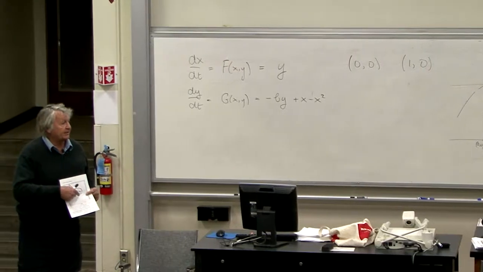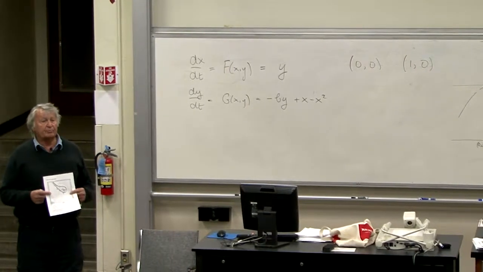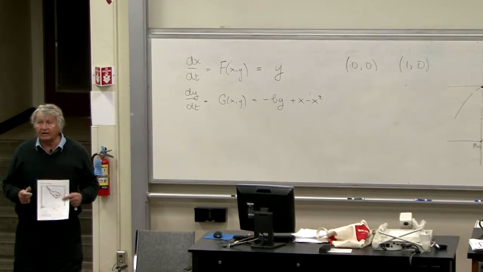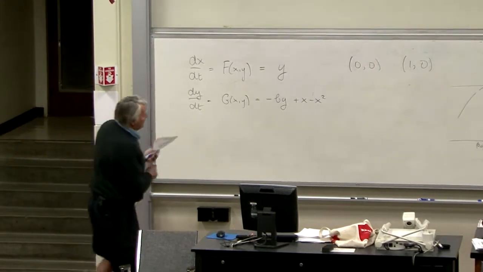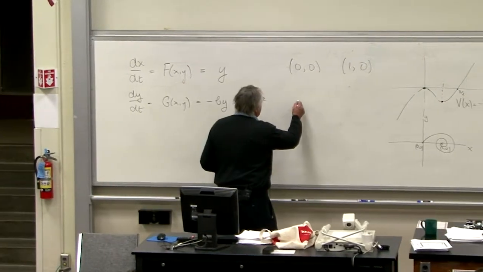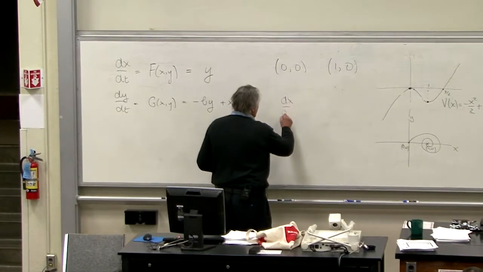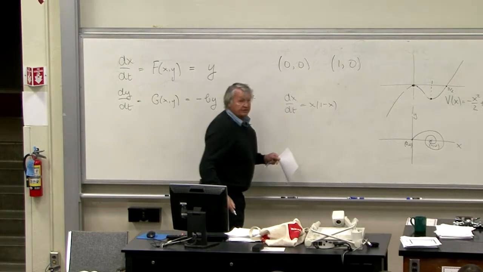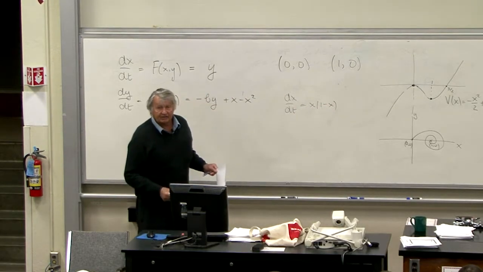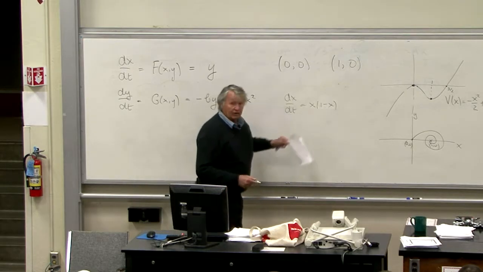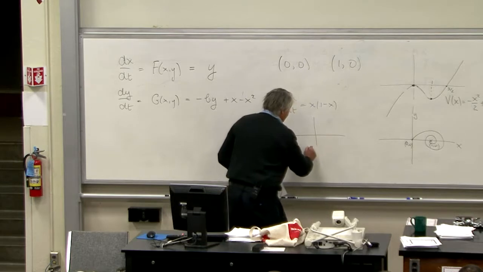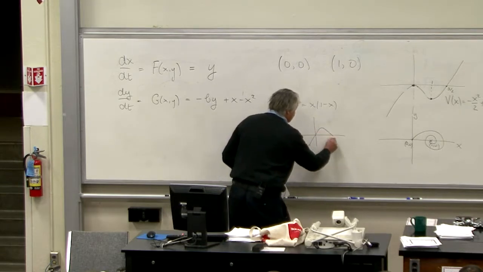Now we give that set a name. It's called the basin of attraction. Okay? Now in the one-dimensional problems, do you remember when we did a problem like dx by dt was x times 1 minus x? In the one-dimensional problems, the equilibrium points now are 0 and 1. All we had to do is draw the graph of x times 1 minus x, which looks like this.